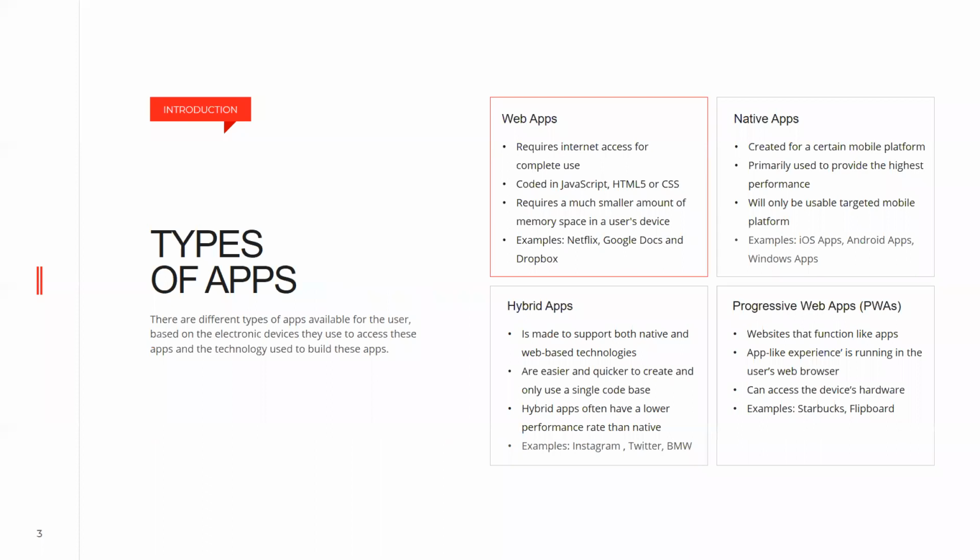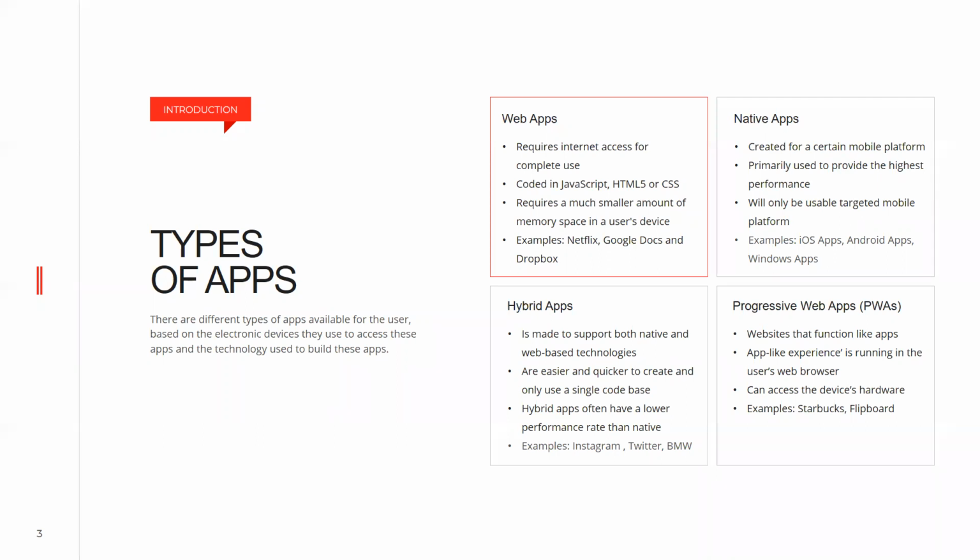So what kind of applications generally do we have? Based on which device we are accessing the application from, or the technology that we use to build an application, generally there are four types of applications that we encounter. The first is web apps, meaning the application runs in your browser.